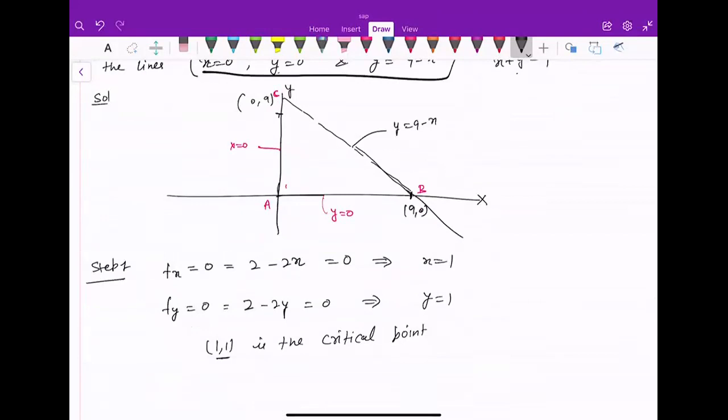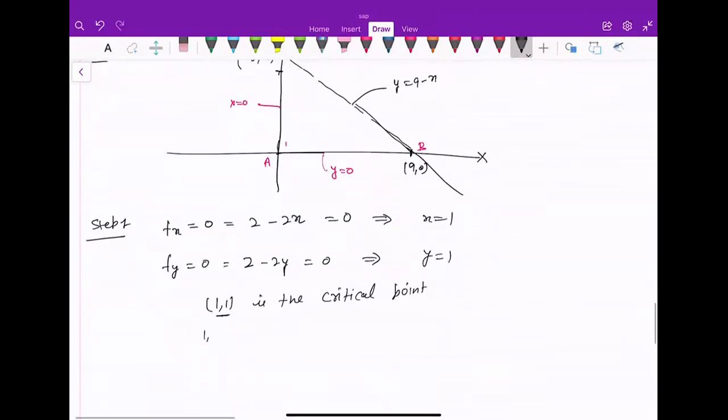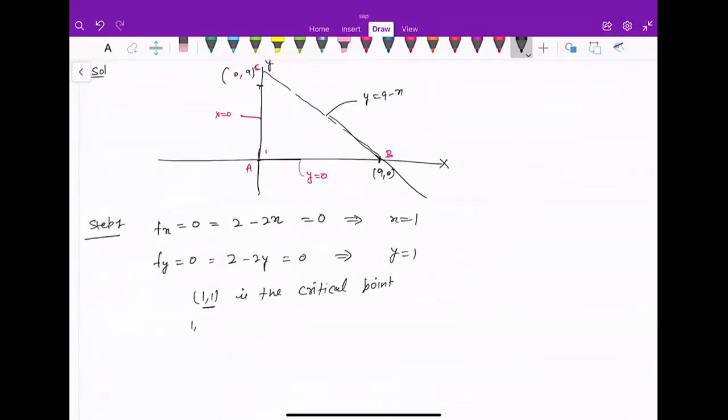So (1,1) should lie inside the domain, है ना. जो भी आपका critical point आया है हम उसको स्टडी तभी करेंगे जबकि वो इस डोमेन में लाई करेगा. ठीक है, next point is, (1,1) is lying inside the given domain.